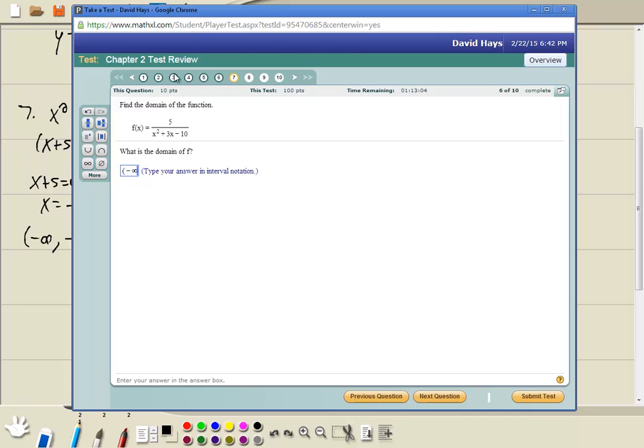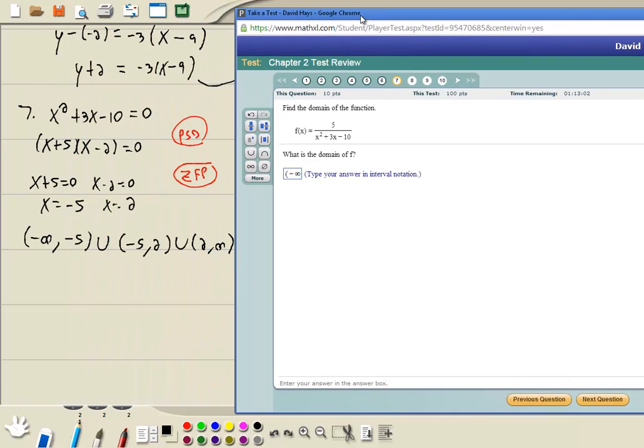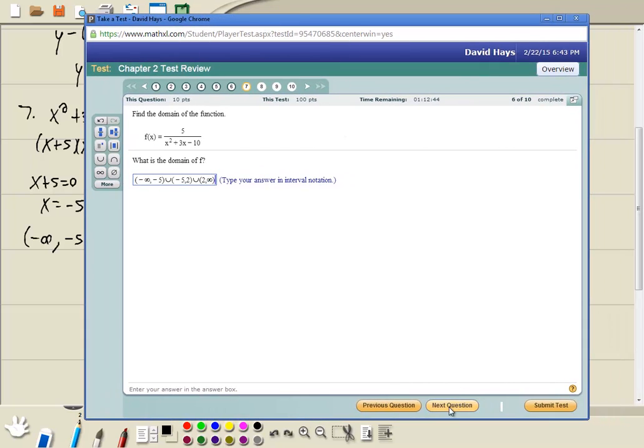Negative infinity, comma, negative 5, then union symbol, and then negative 5, comma, 2, union, 2, comma, positive infinity, and then closing parentheses. Next question.